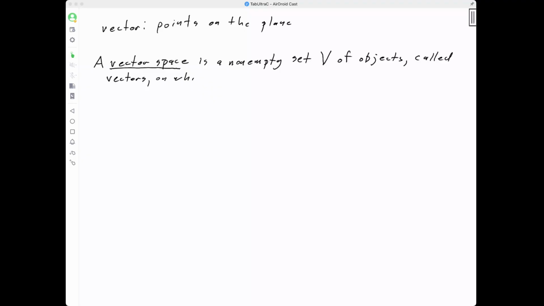On which are defined two operations. The operations are addition and scalar multiplication.